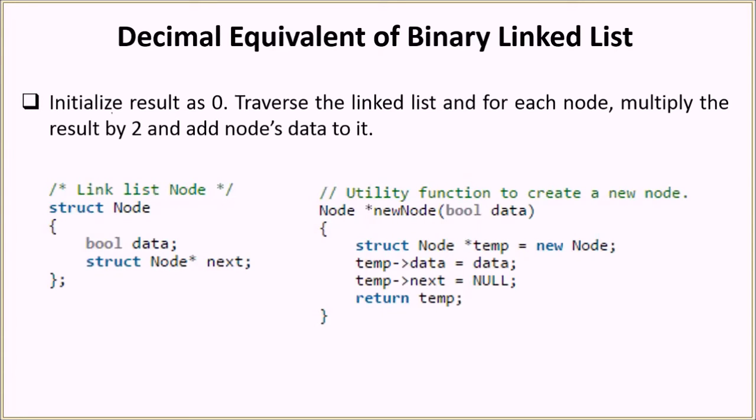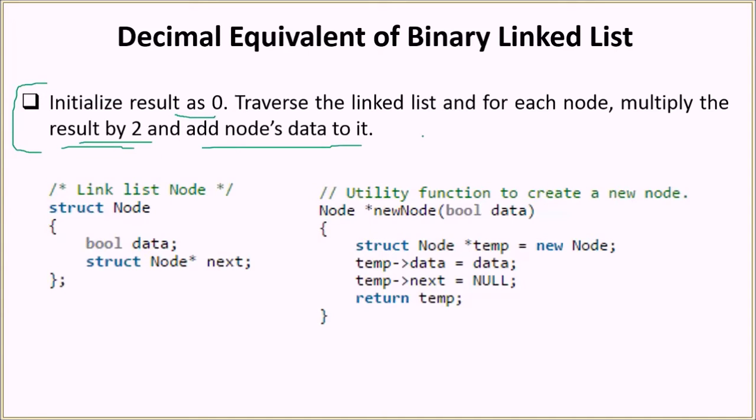To solve this problem, we'll initialize the result as 0, and then we'll traverse the linked list, and for each node we multiply the result by 2 and add the node's data to it. It's not very intuitive at first that this is the solution, but if you think about how you would normally convert a binary number to a decimal number, this is actually the same approach you're following.